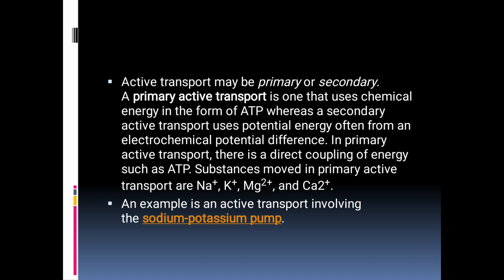Active transport. There are two types of active transport, primary and secondary. In primary active transport, chemical energy is used in the form of ATP, whereas in secondary transport, ATP is not used. Instead, potential energy from the electrochemical potential difference is used.